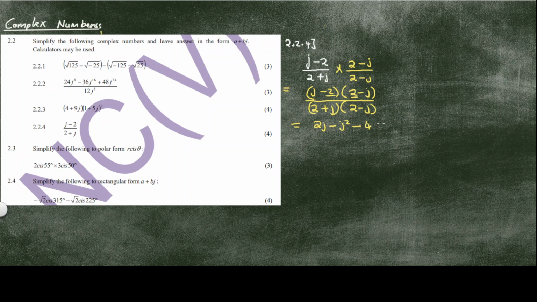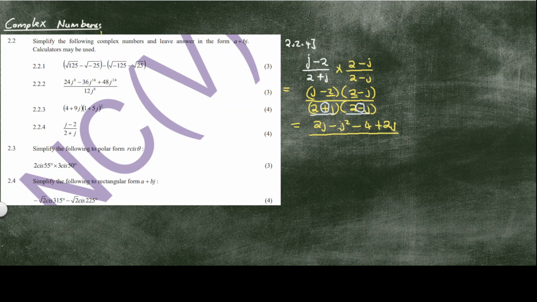This negative 2 times that gives us a plus 2j over. Then with this one, let's just foil it out. This bracket is the same as this bracket. The only difference is that it's a plus and a minus, right?